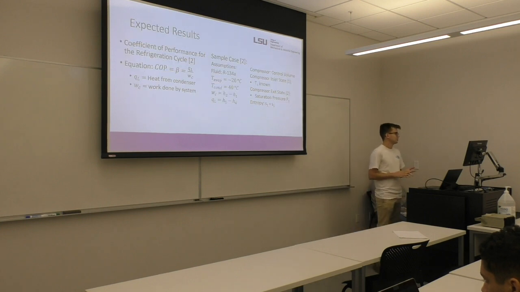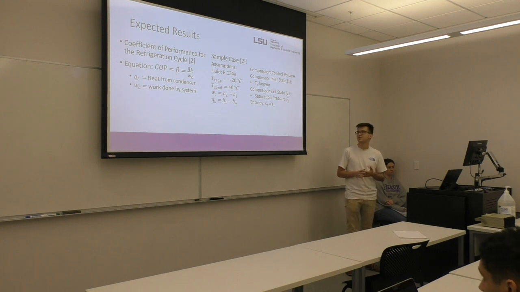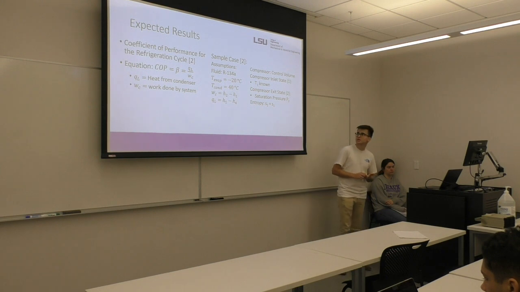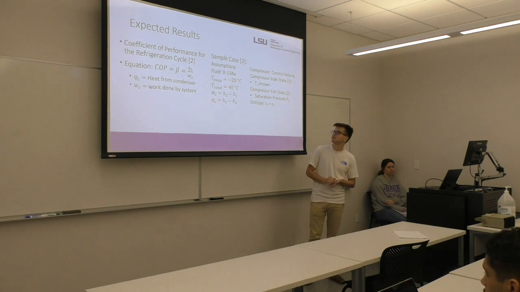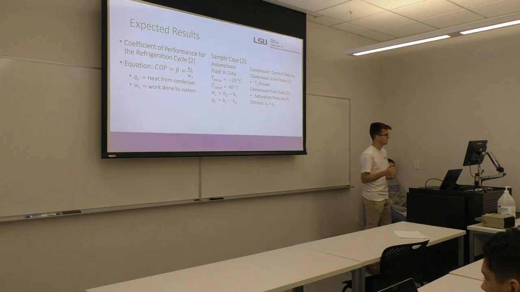For the expected results for values such as the coefficient of performance for this cycle, we use the equation I outlined in the previous slide. A sample case was found in the book which is somewhat similar to the refrigeration cycle that we will use. As you see, it uses working fluid R-134A and has set conditions for the evaporator and condenser temperatures.